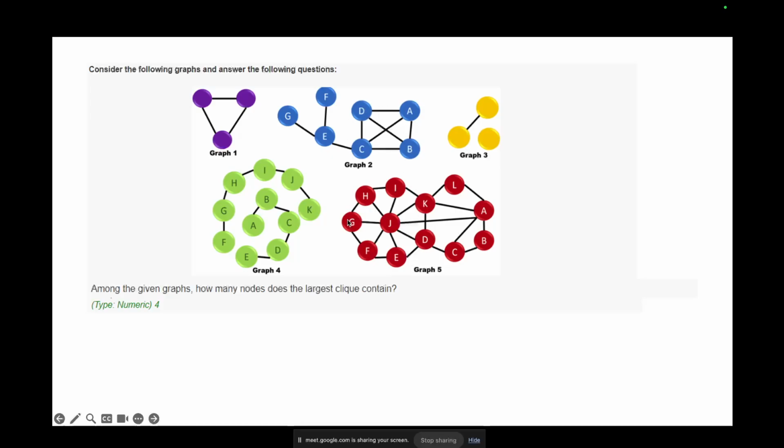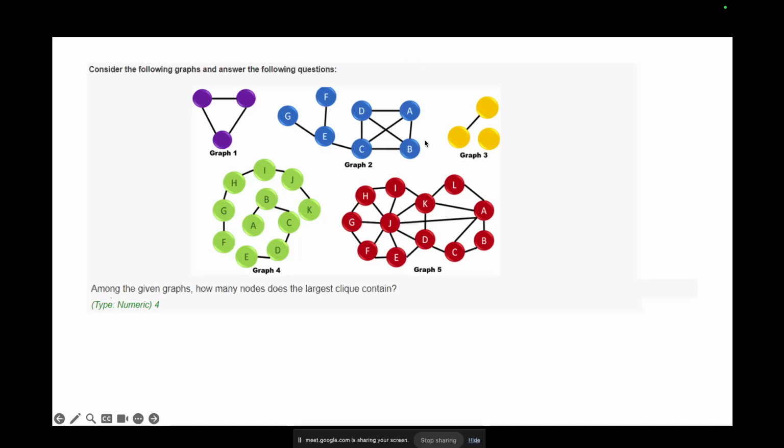So a clique is the fully connected component of the largest connected component. In this case, they are asking that. So there is a connected component and there is a fully connected component. The fully connected component is the clique, and the connected component is just a connected component. It can be the largest connected component, it can be the smallest connected component. But when you are defining a clique, the number of connections should be exhaustive, right?